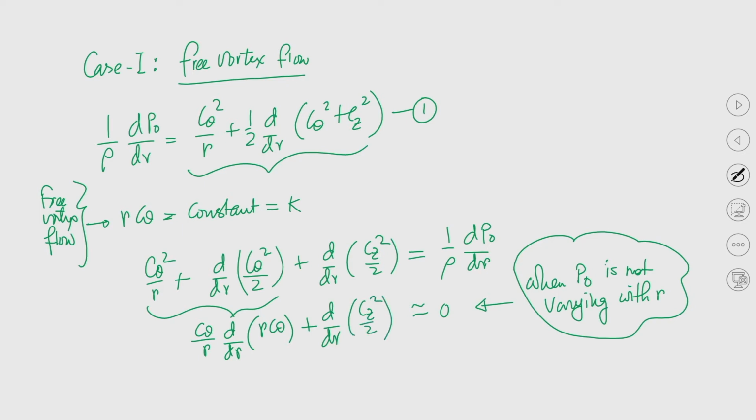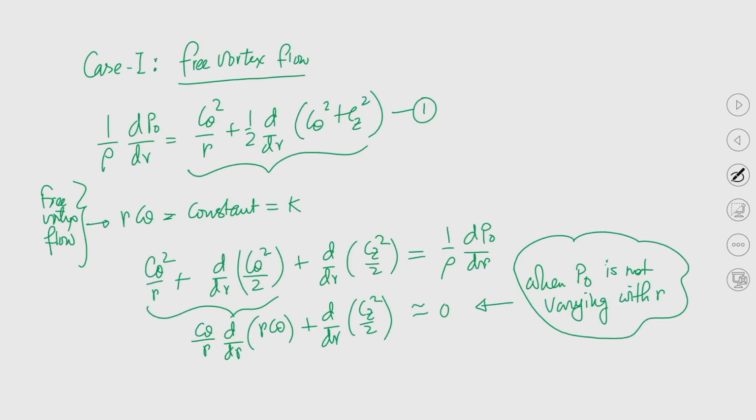Okay. So, now the question is what we can write. We have written c theta by r; if we go to the previous slide, c theta by r d dr of r c theta.